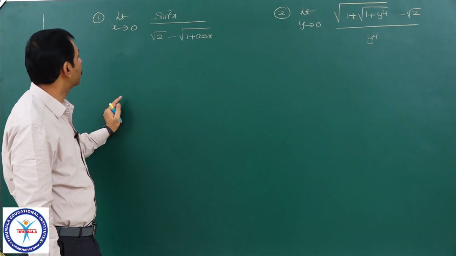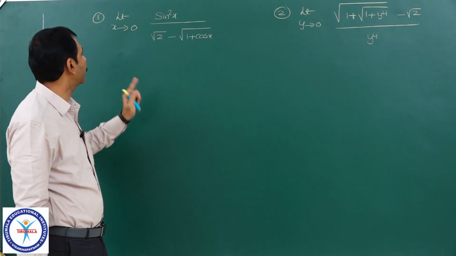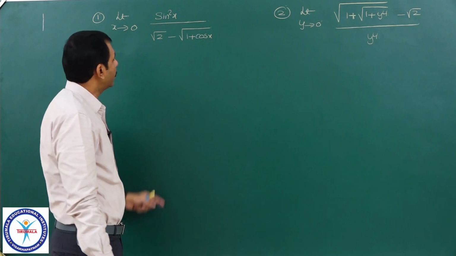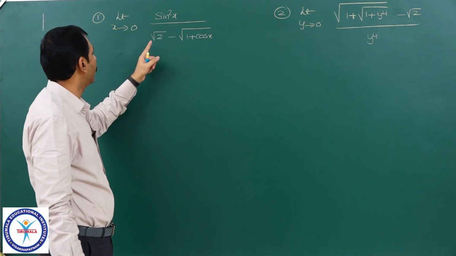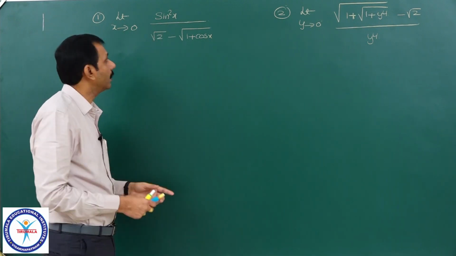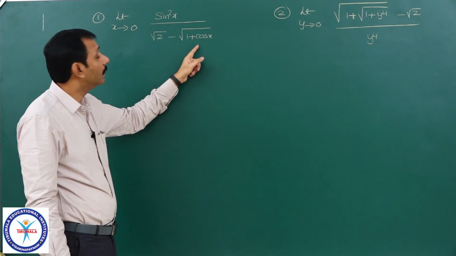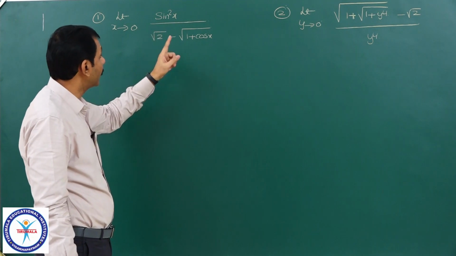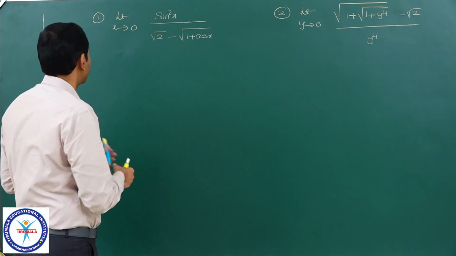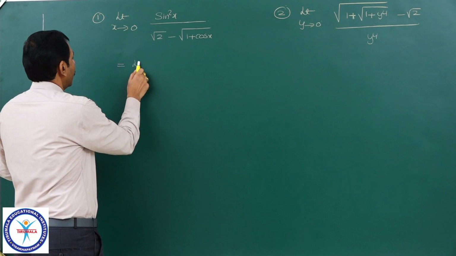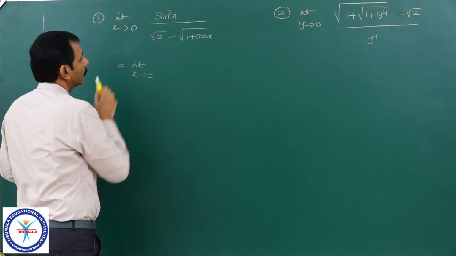Okay, listen to this. These are recent exam questions. Limit x tends to 0 of sin square x by root 2 minus root of 1 plus cos x. Yes, clearly it is 0 by 0 form only, root 2 minus root 2. But we will try to rationalize the denominator and simplify this. It is equal to limit x tends to 0.